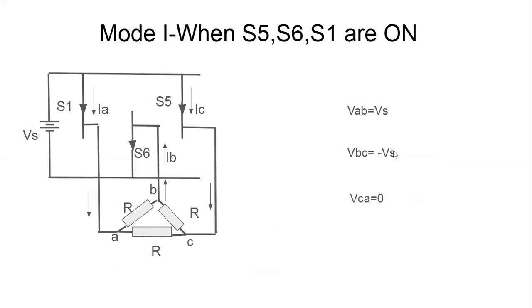Now let us see the modes one by one. This is mode 1. In mode 1, the switches which are in the on condition are S5, S6, and S1.